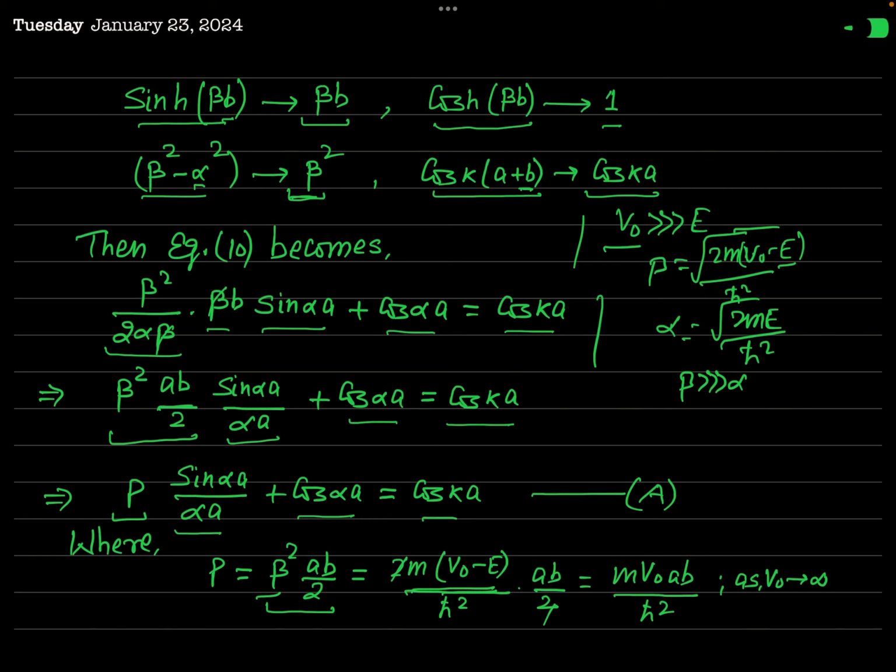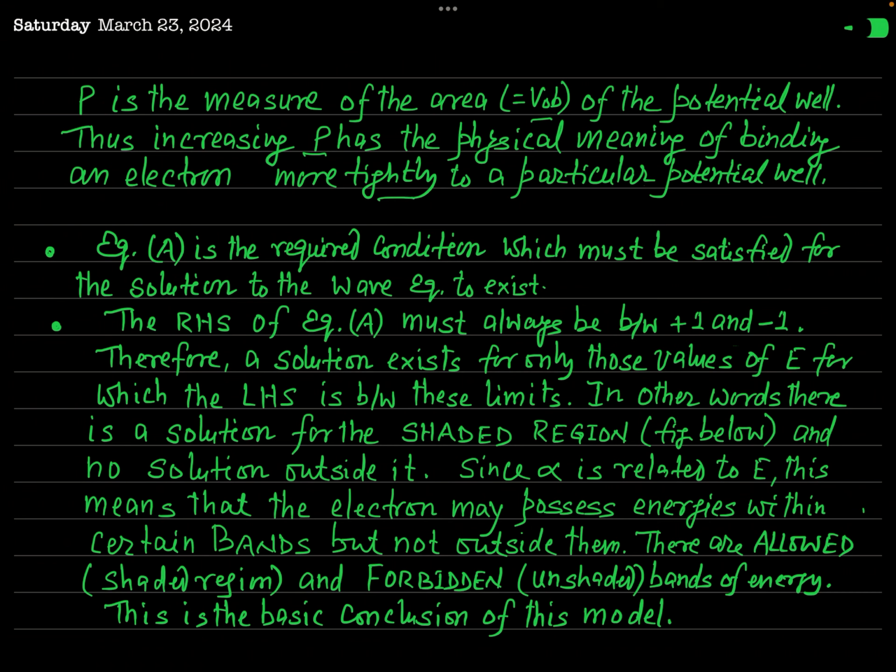So whether the electron is strongly confined or strongly bound to the potential well, or it is free, is decided by the value of this parameter P. Okay. So I have mentioned it here. You can see that P is the measure of the area V naught b of the potential barrier. Thus increasing P has the physical meaning of binding an electron more tightly to a particular potential well. Okay.